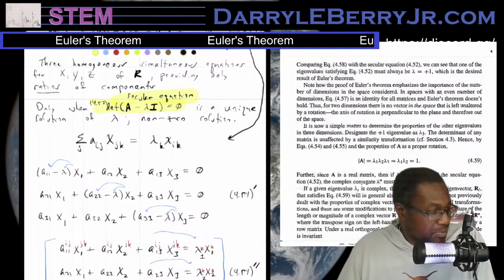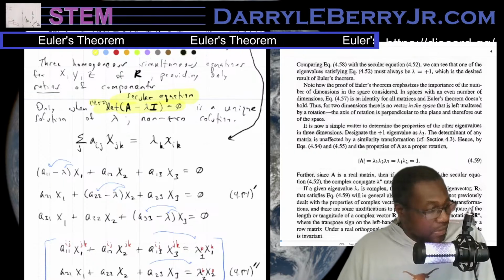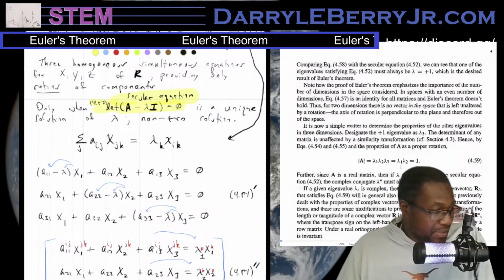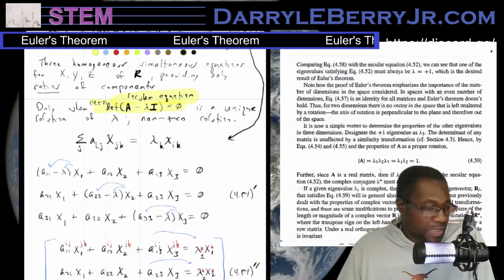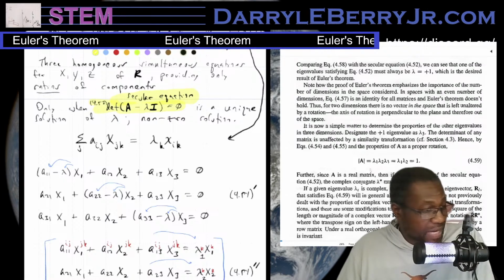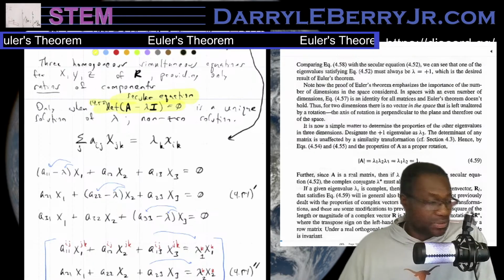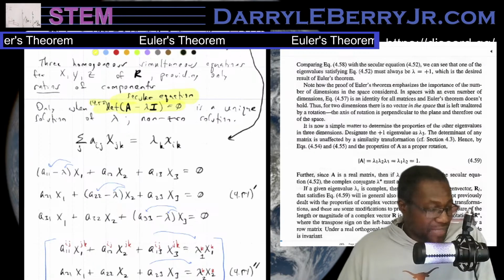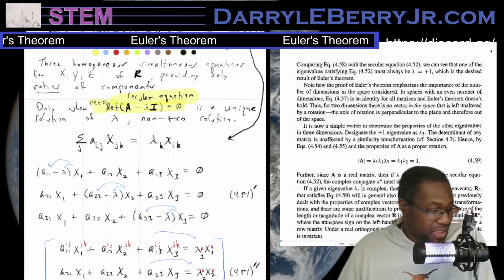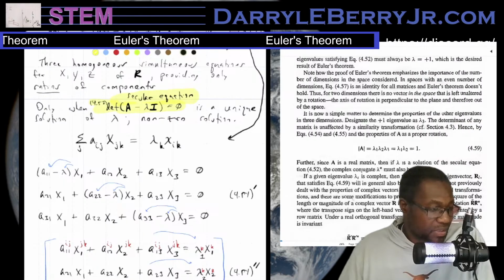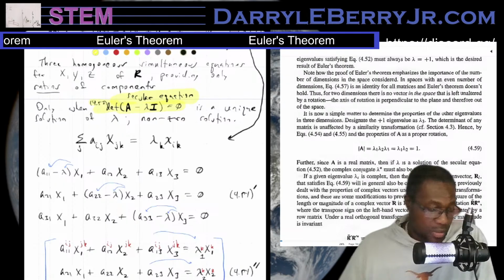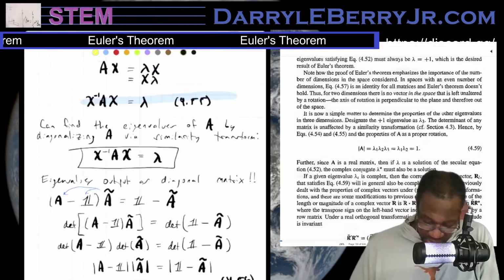If a given eigenvalue lambda i is complex, then the corresponding eigenvector Ri that satisfies equation 4.59 will in general also be complex. You can have complex lambdas. We have not previously dealt with the properties of complex vectors under real orthogonal transformations, and there are some modifications to previous definitions. The square of the length or magnitude of a complex vector R is R dot R complex conjugate.